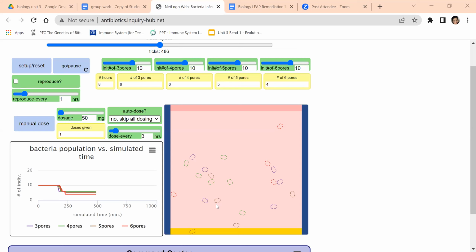So what that tells us is that due to variation in the bacteria population, some of the bacteria are able to survive longer in the presence of antibiotics. Okay, so let's redo this. Let's reset this.